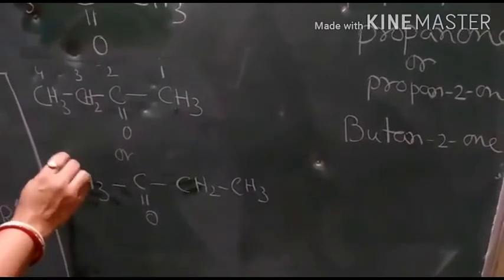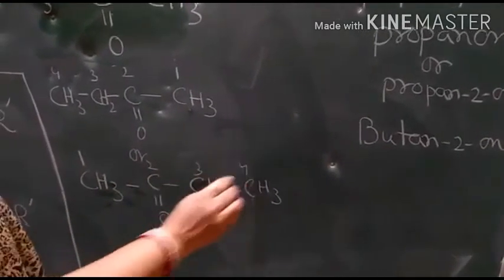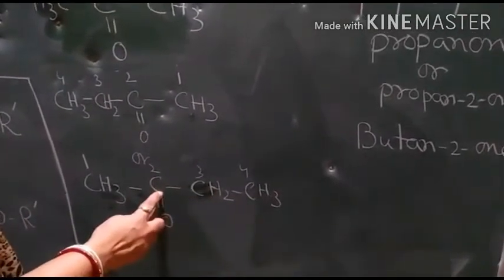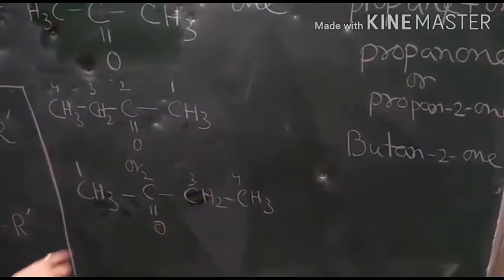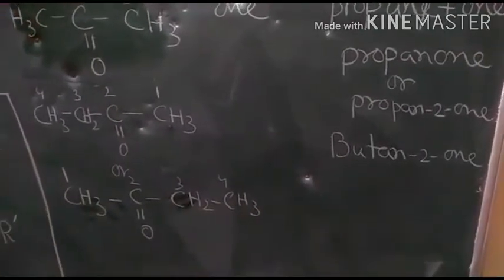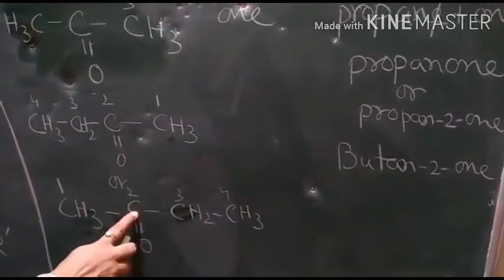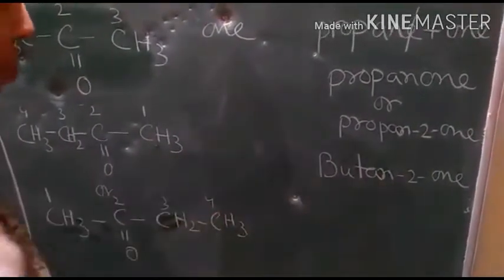So the counting will start from this side 1, 2, 3, 4. Because if I count from the other side, the ketonic group is coming at the third carbon, which is wrong counting. So this is the correct numbering. So this nomenclature will also come as butan-2-one. 4 carbon, so but, and the ketonic group is coming at the second carbon. So it is butan-2-one.